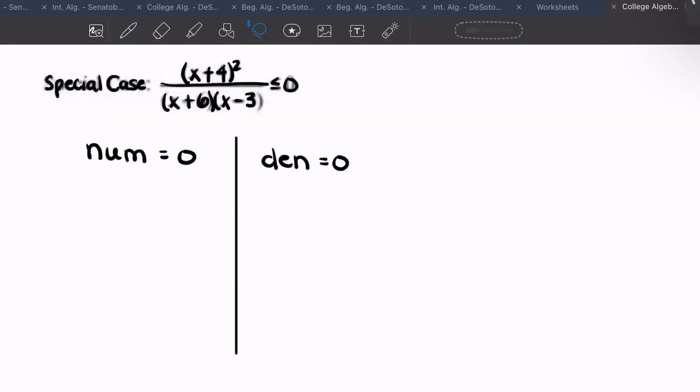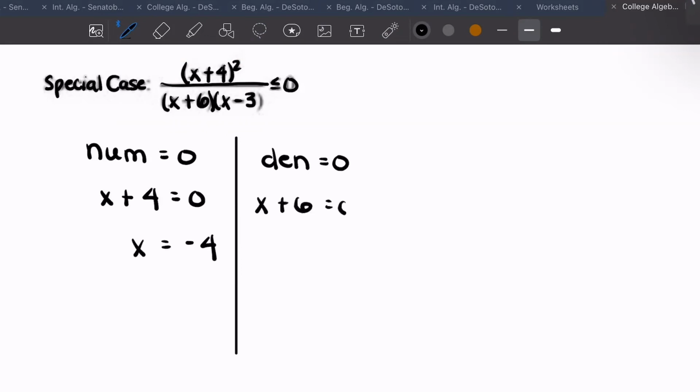So you don't have to do x plus 4 squared equals 0. You just have to do x plus 4 equals 0 and find where that is. Where does that give us 0? Okay. And then you have x plus 6 equals 0. So that's -6. And then you have x minus 3 equals 0. And that gives us 3.